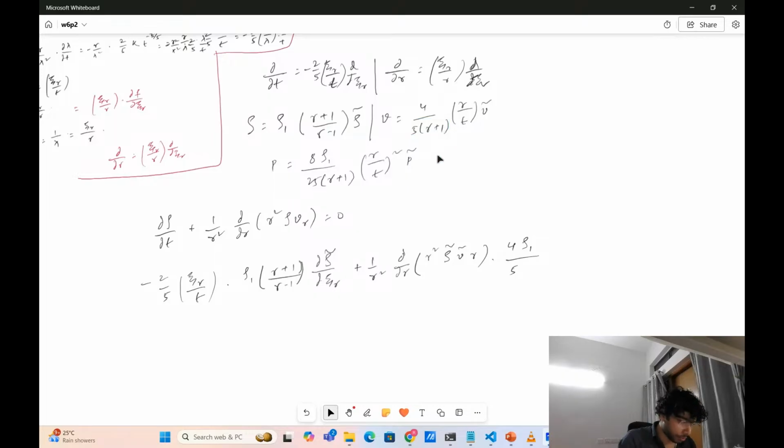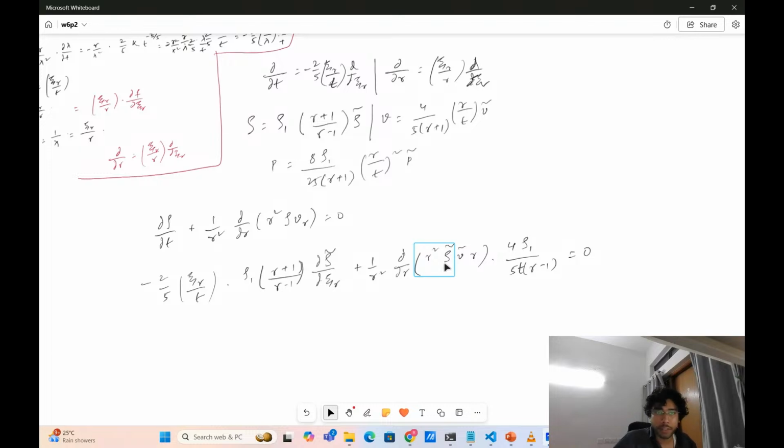So for rho 1 divided by 5 gamma minus 1, and there is also a t. So 4 by 5 gamma minus 1, rho 1, and then there is 1 by t. So this r is being taken inside this. Okay, so that is equal to 0.